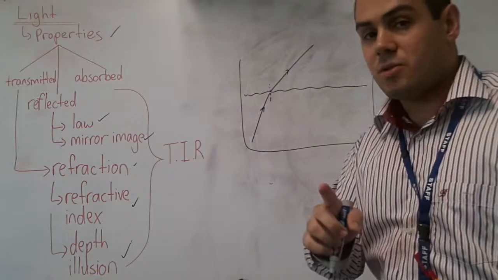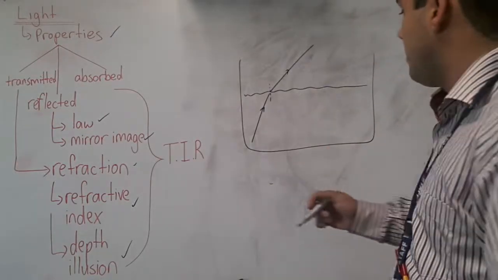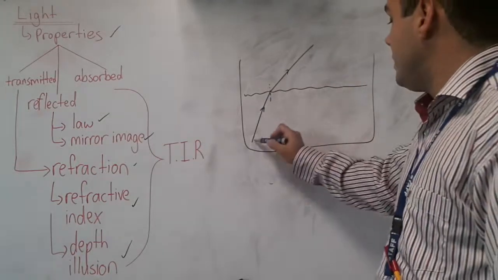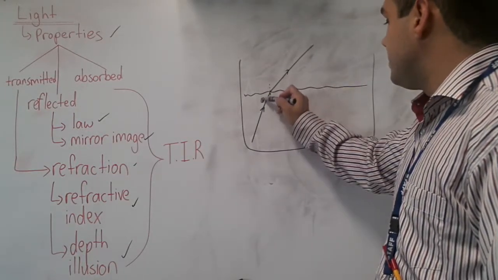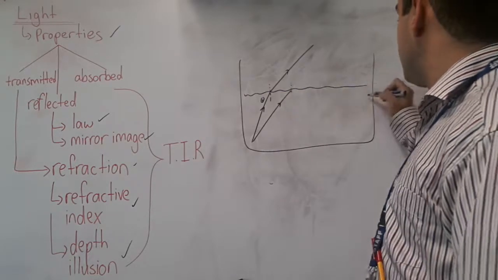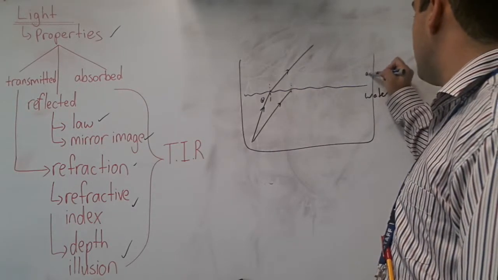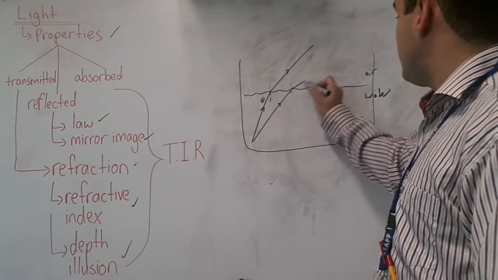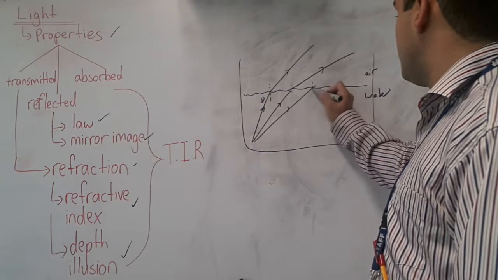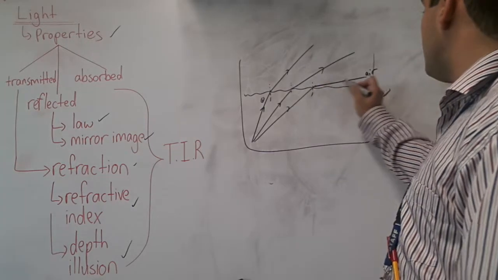I still have to teach you that trick, by the way, how to remember if the light ray bends towards or away from the normal. So if I shine, that's ray 1. If I shine my second ray over here, this is water, this is air, that's going to bend a little bit more away. If I shine my third ray over here, that's going to bend even more away.